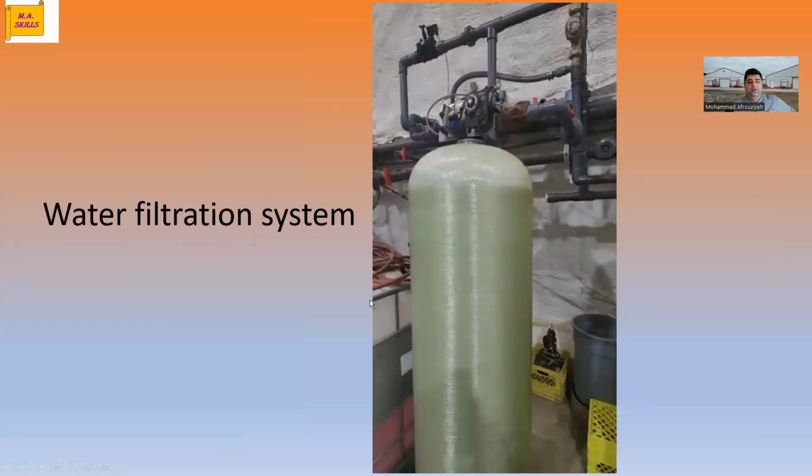All right, we talked about filtration. This is a picture of a water filtration system. It's a media filtration and it uses glass media. I got this picture from a friend who is a producer, and water can pass through the filtration system like this to remove solids from the water.